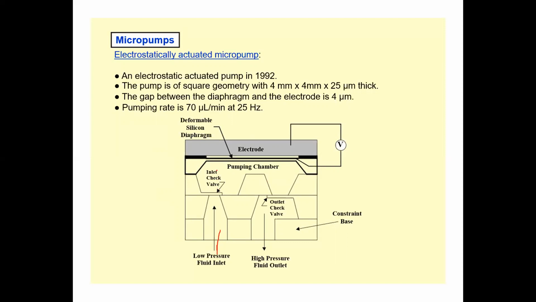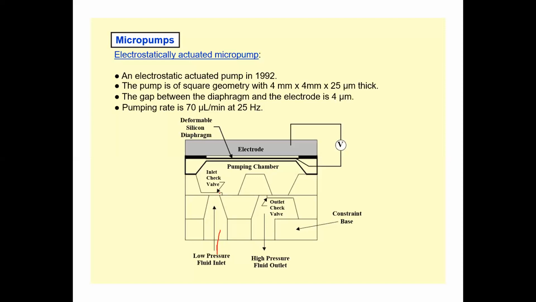When this moves up, the low pressure fluid gets into this chamber. When you remove the voltage, it goes back, this will be closed, this will be open, and the fluid that was present in this chamber will come out.